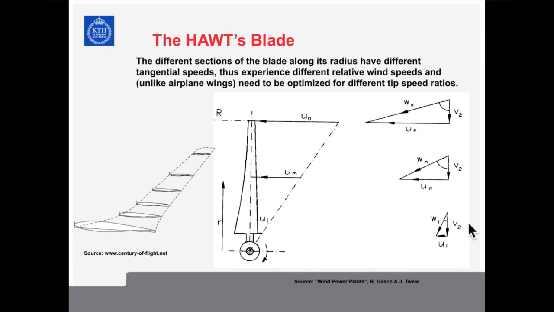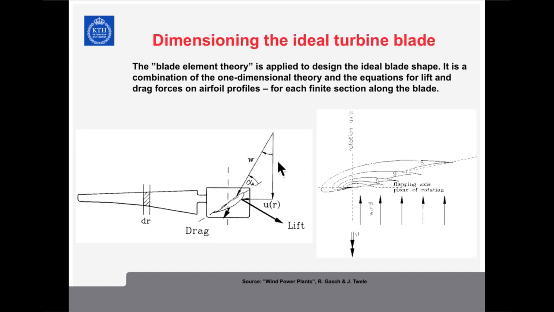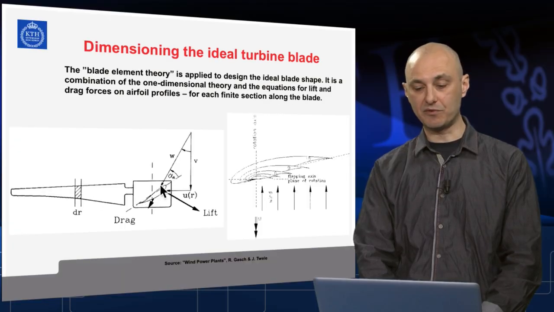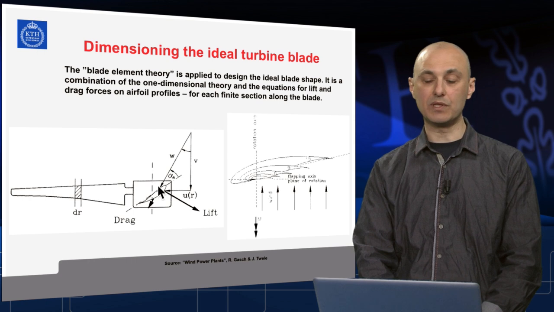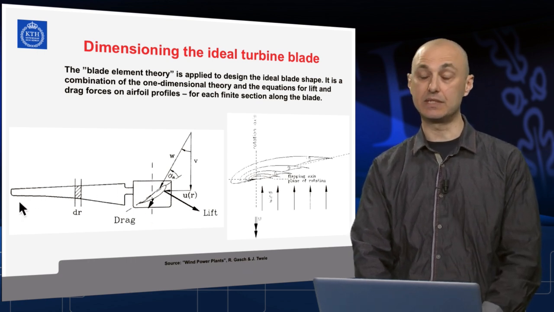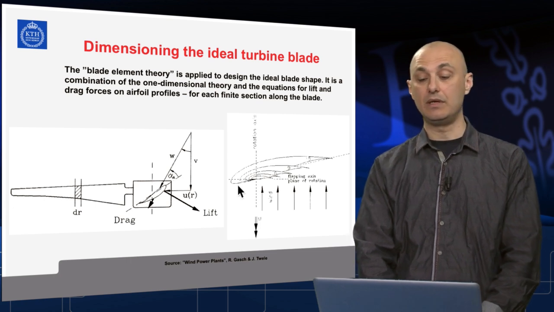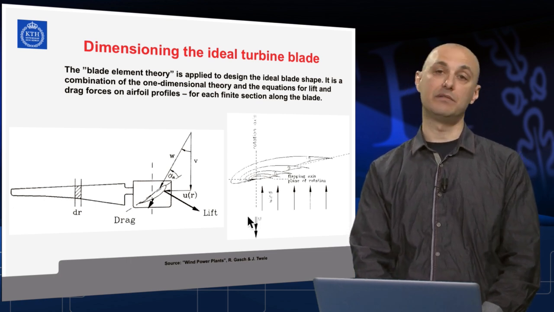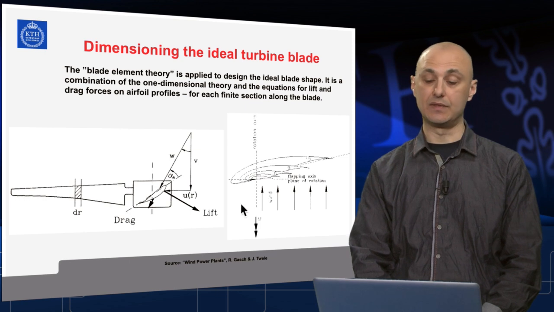The so-called blade element theory is used to properly design the wind turbine blade, cutting the blade in small sections, designing each of them for its proper governing conditions. How exactly the profile looks like and at what angle it is fixed along the radius, along the axis of the blade, is defined by the velocity triangles at that section.